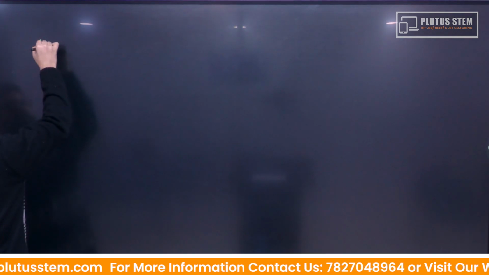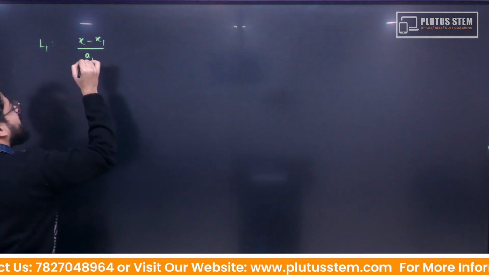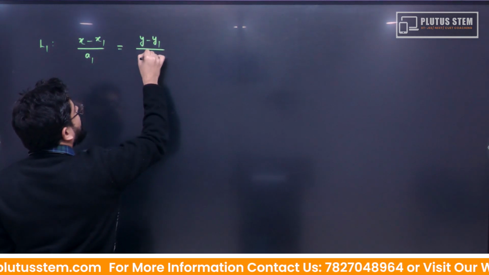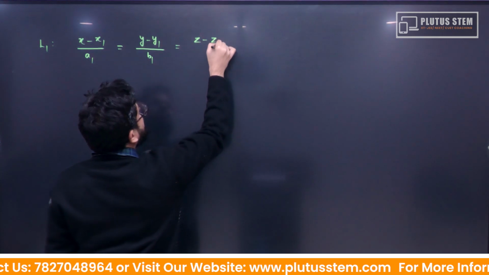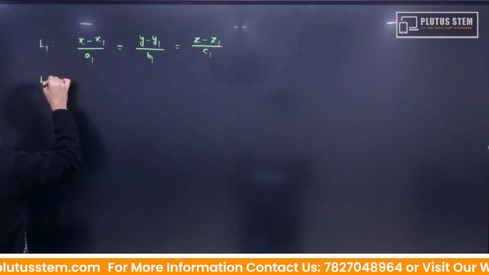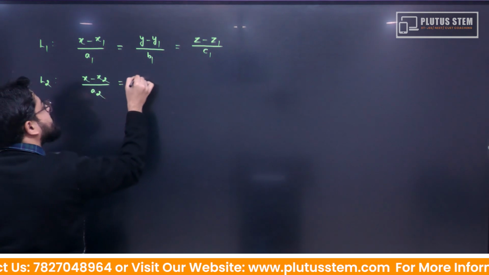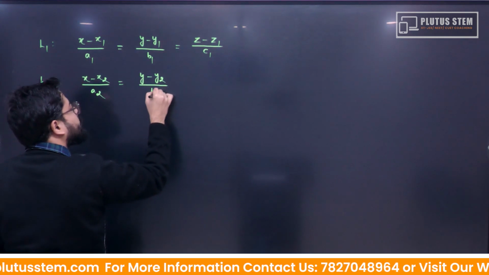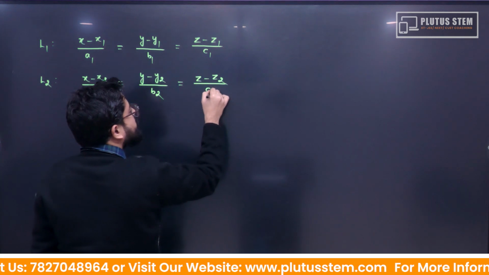L1 is x minus x1 divided by a1, equal to y minus y1 divided by b1, equal to z minus z1 divided by c1, and the second is x minus x2 by a2, equal to y minus y2 divided by b2, equal to z minus z2 upon c2.